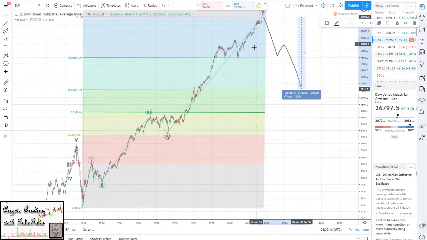And of course, this is clearly speculation, but I thought it would be interesting because we have these very similar impulse waves and these peaks that I pointed out, and if you look at the chart, it definitely looks like we're ready for some sort of correction, because it's unlikely to continue to go up and up. So let me know what you think. I hope this was interesting, and see you next time. Bye.